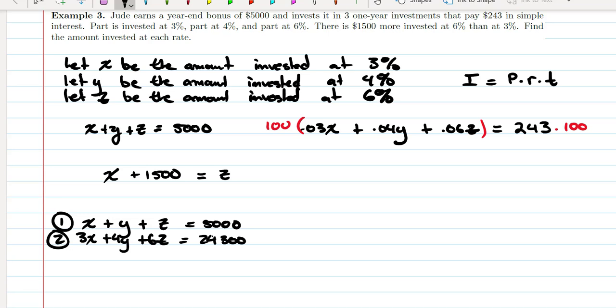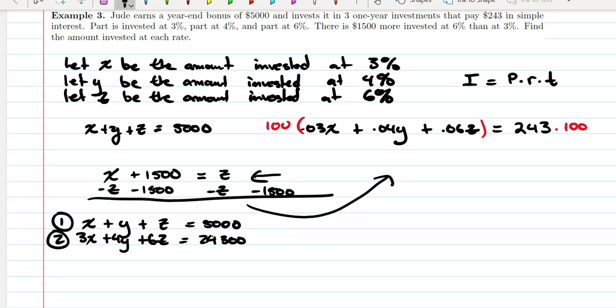So equation 3 here isn't in the right form. We need to have all of our variables on one side and all of our constants on the other. So I would need to minus 1,500 and minus 1,500, and at the same time, I would have to minus z from both sides of this equation as well.